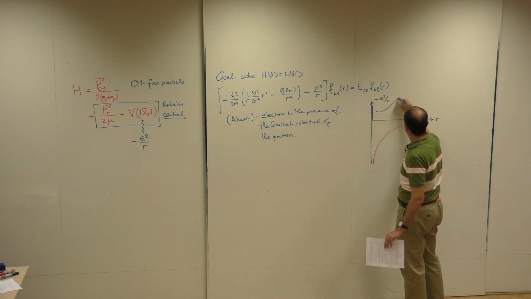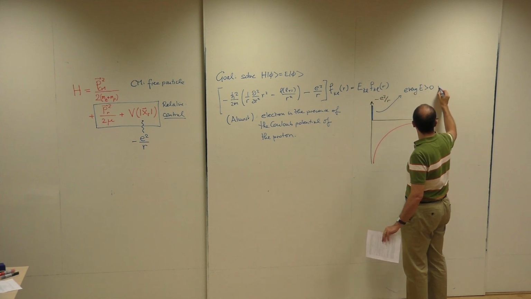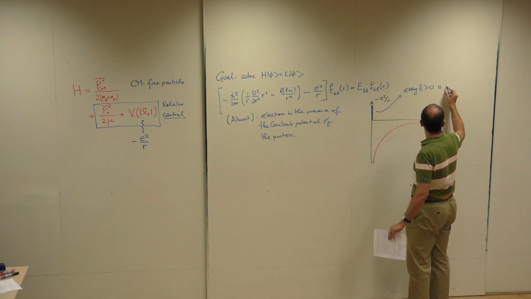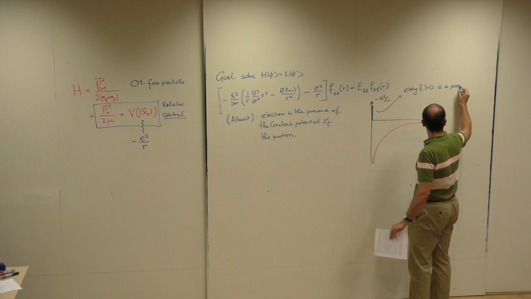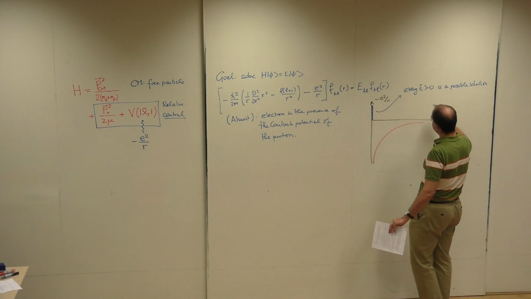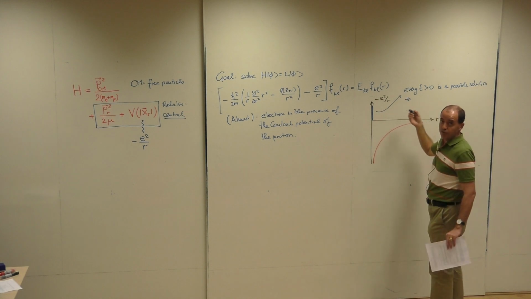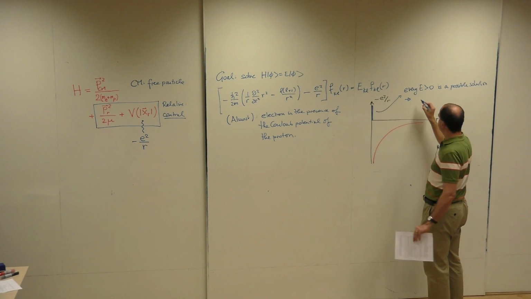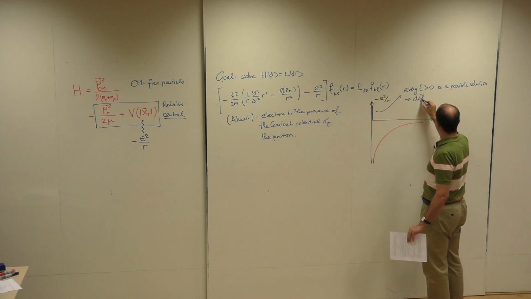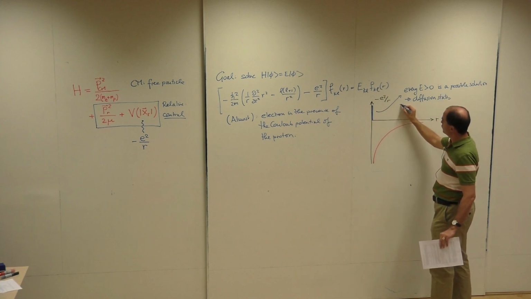So every energy larger than 0 is a possible solution. And in this case, we get the same as for the piecewise constant potential. These are diffusion states. And if you want, you have to decompose on them.